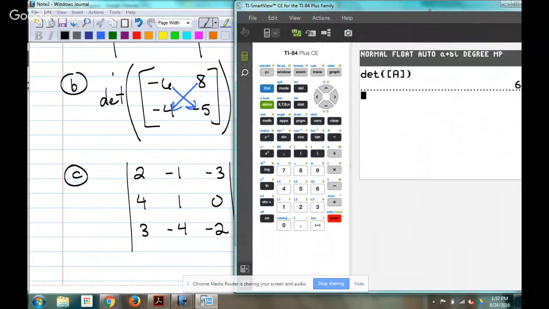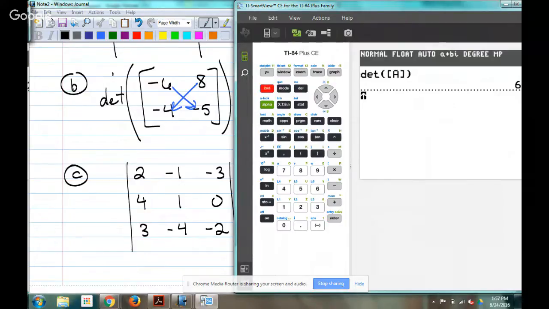So it's pretty neat, but for all intents and purposes, in any non-engineering math, I don't think you're going to have to do that by hand. Only time you would have to do it by hand in an engineering sense is if you had a variable inside of that matrix that you need to figure out for. And some of you may be headed that way, so I'll be glad to show you.